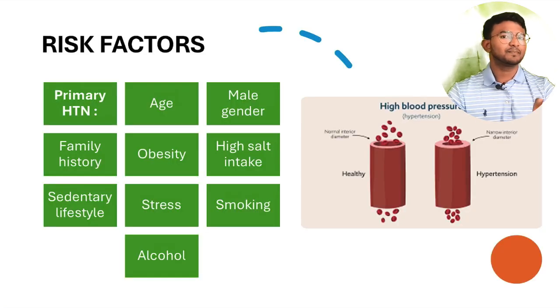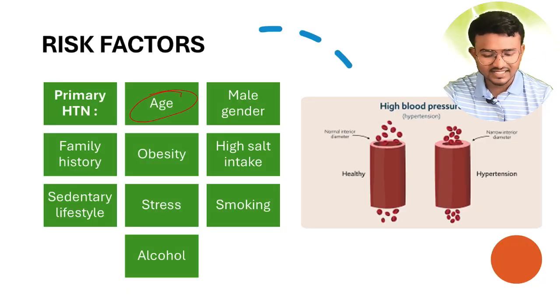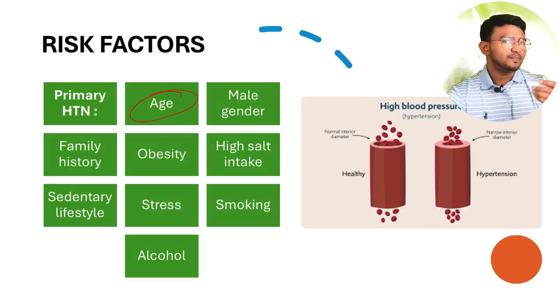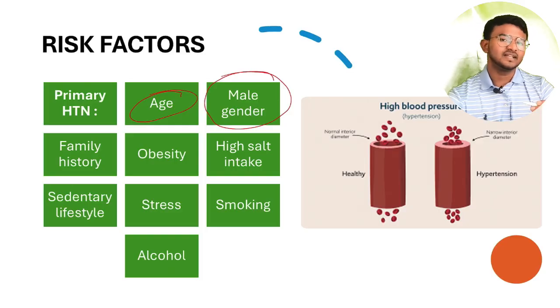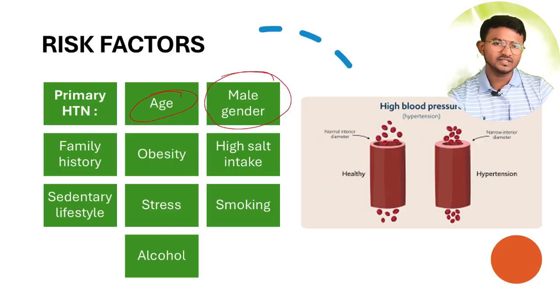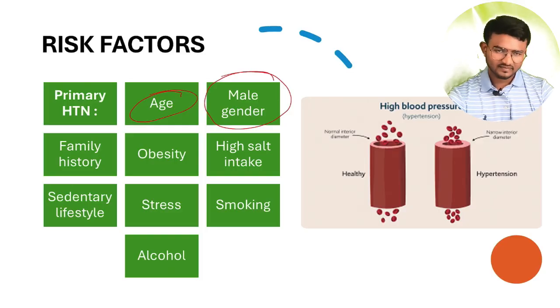So we can see the causes of primary hypertension, like risk factors, that is age. When age increases, the stress levels increase, so it can cause hypertension. Next one, male gender. Because of increased stress levels, it can cause hypertension.